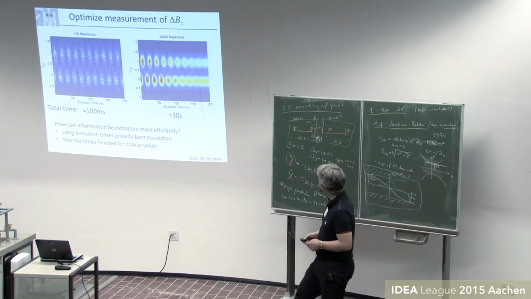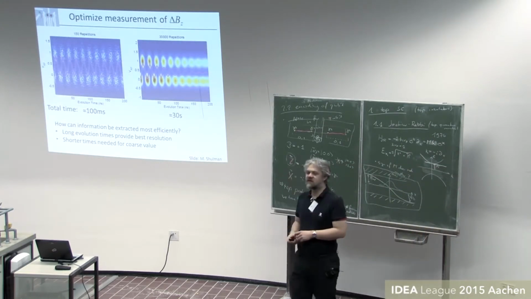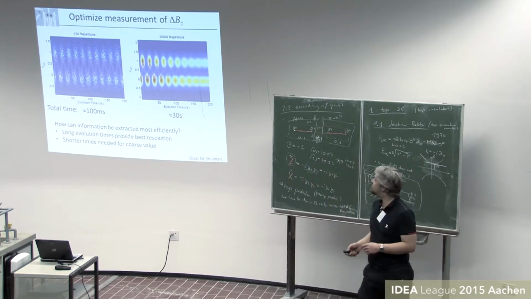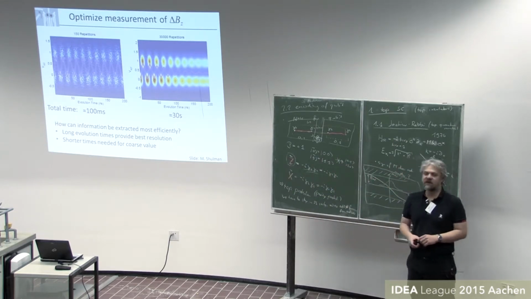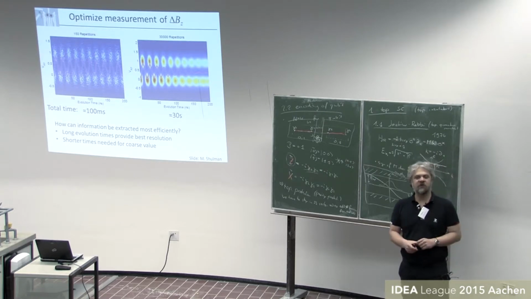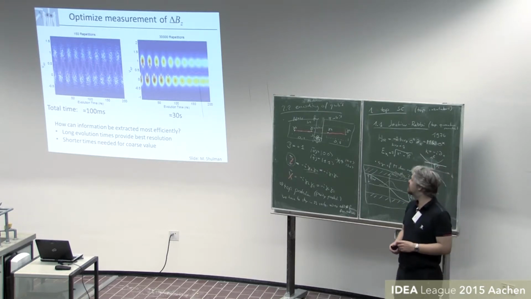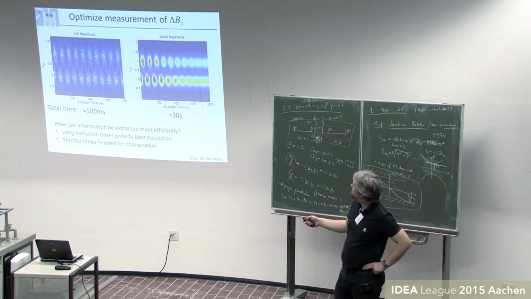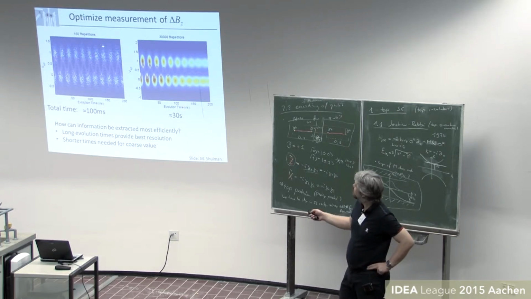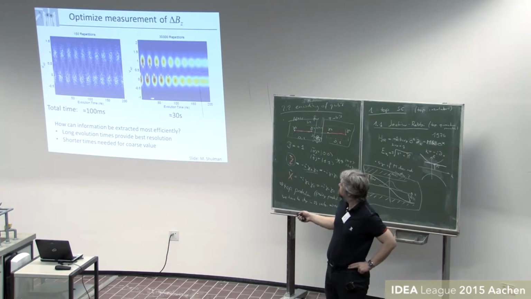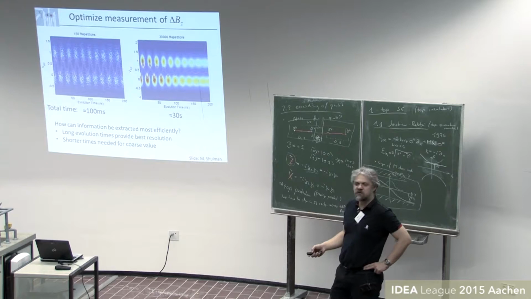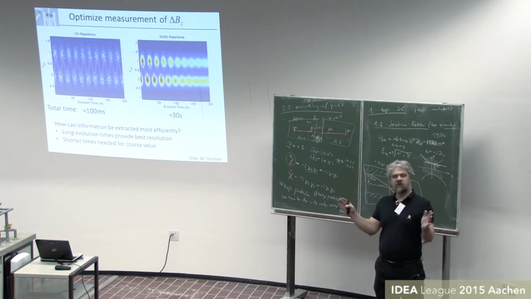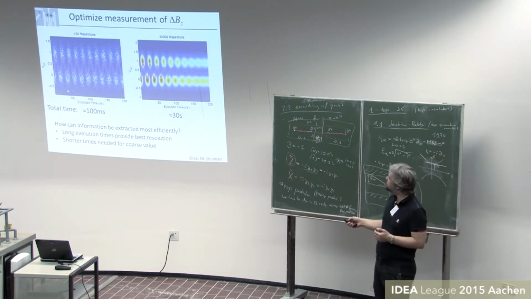I'd also like to outline one advancement building on this from the Harvard group, where they've really optimized how quickly the information about the nuclear spins can be extracted, and it gives pretty neat results. So what you see here is a histogram, or rather a color plot, where each time trace, each x slice in the x-axis corresponds to a certain evolution time of the qubit under the influence of the hyperfine field.